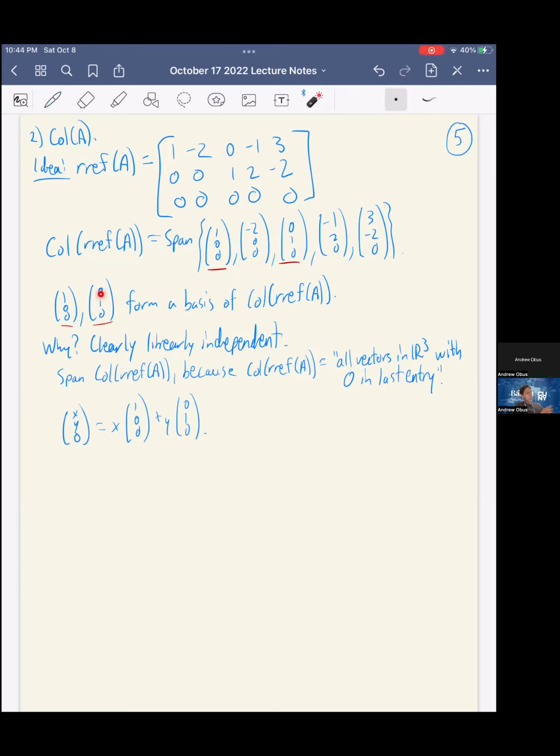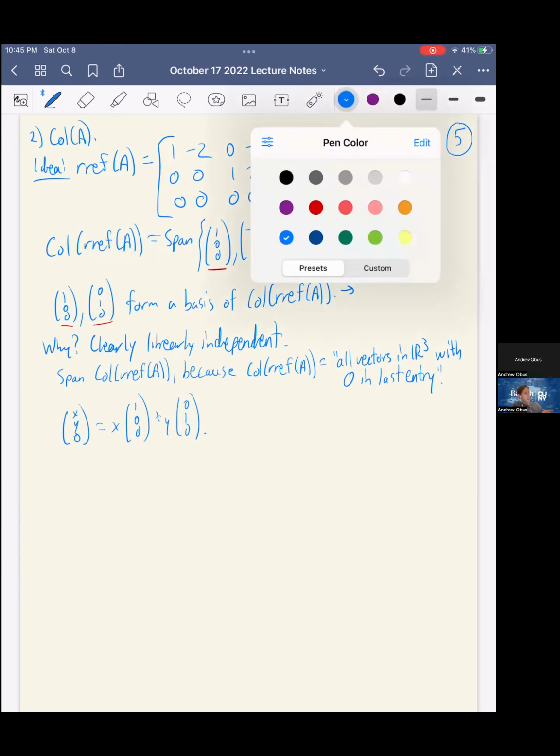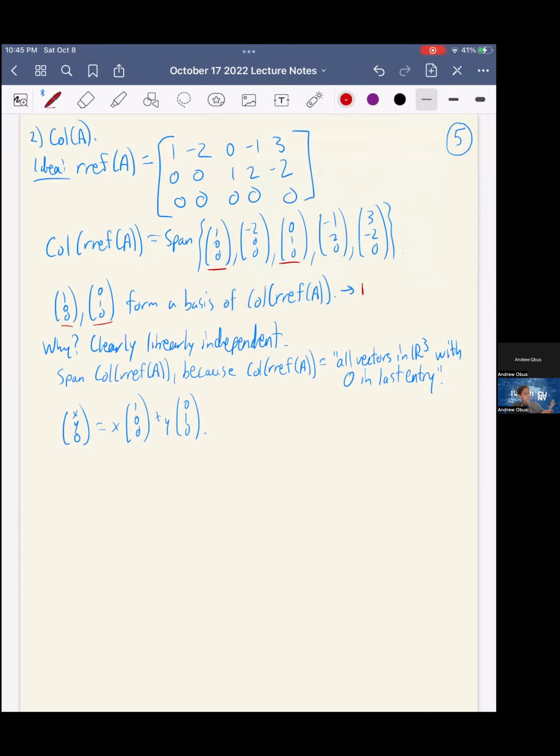So these two vectors do span this column space, and we know they're linearly independent. And so that means that they do form a basis of the column space of the row-reduced echelon form, okay? And maybe I should notice also, as an artifact of row-reduced echelon form, that these are the pivot columns.